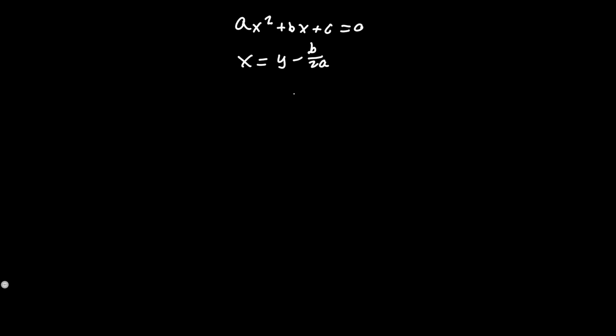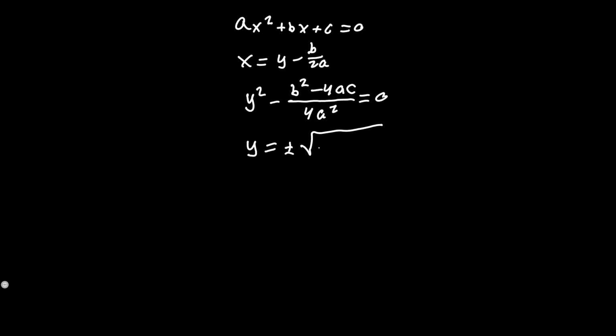where this will help us eliminate the bx term, giving us y squared minus b squared minus 4ac all over 4a squared is equal to 0. And here we can simply solve for y, as it is just taking the square root, so you get plus or minus the square root of b squared minus 4ac all over 4a squared.